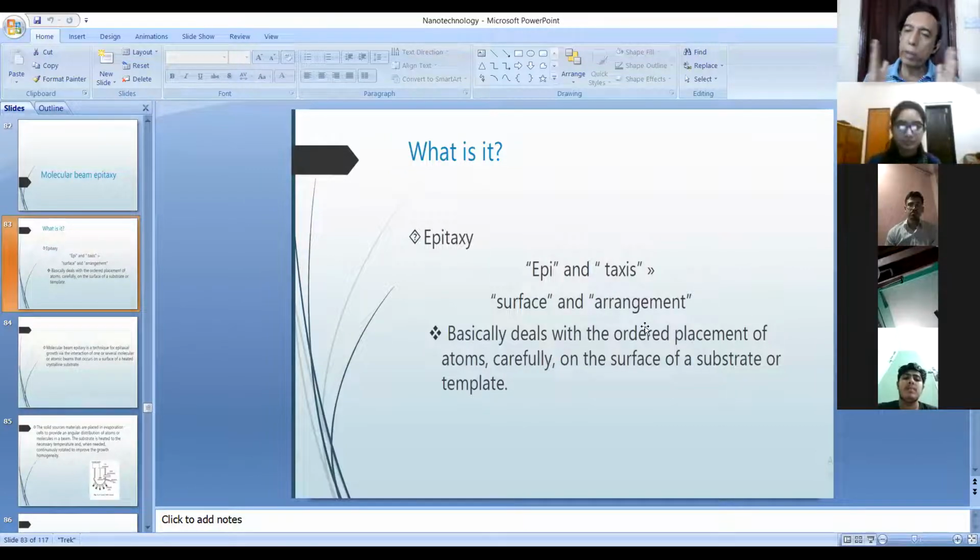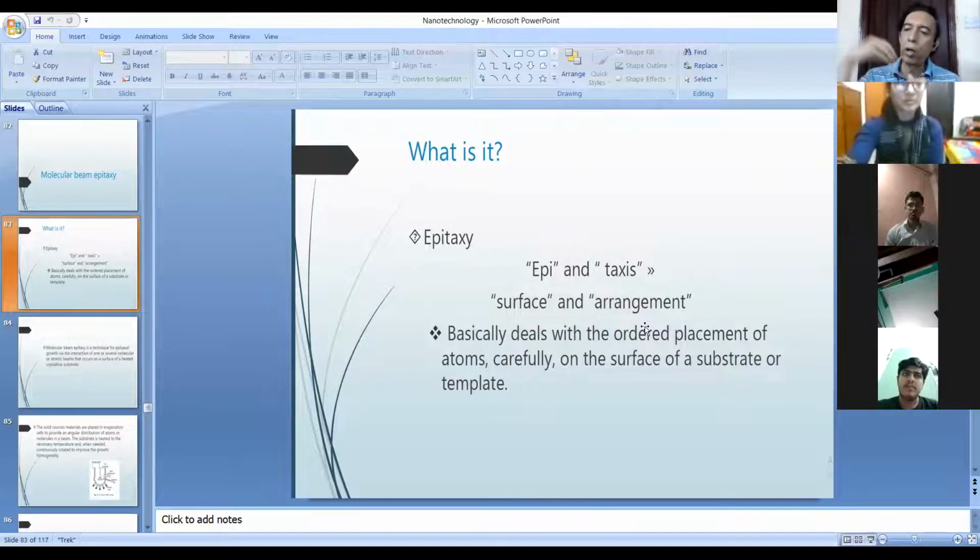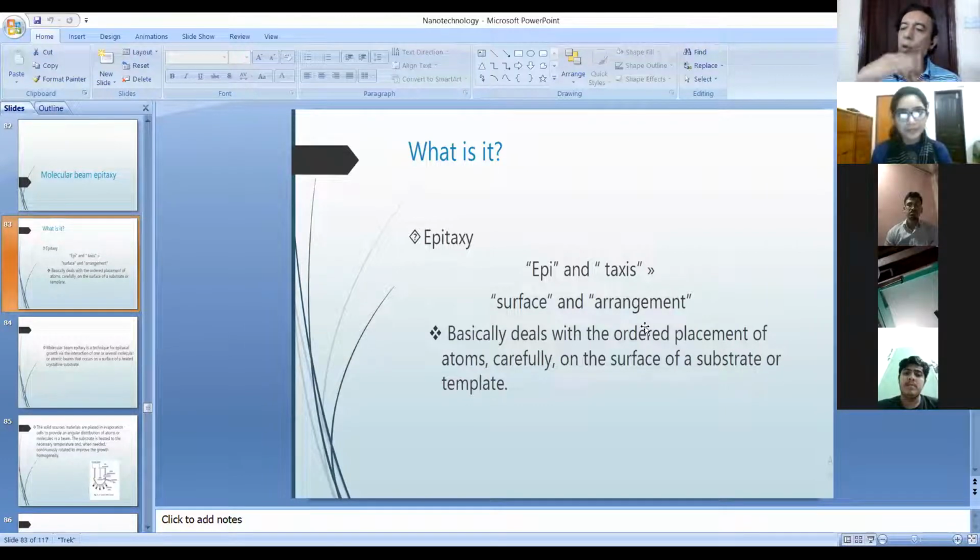So your substrate is crystalline, and on that crystalline substrate, you again make a thin film with ordered crystalline arrangement. Your substrate is crystalline and your film is also crystalline. So you cannot use a glass substrate for molecular beam epitaxy.